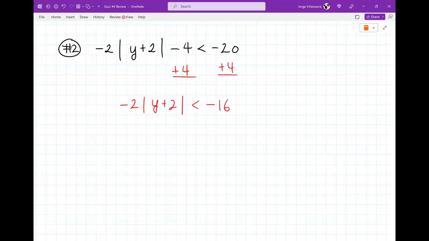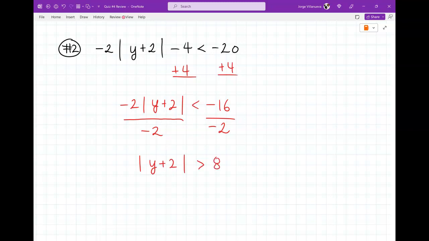All right, so far it looks like an AND problem, right? But my next step, I have to divide both sides by a negative 2. And if I divide both sides by a negative, what do I have to do? I got to flip the sign. So absolute value of y plus 2 is greater than 8.